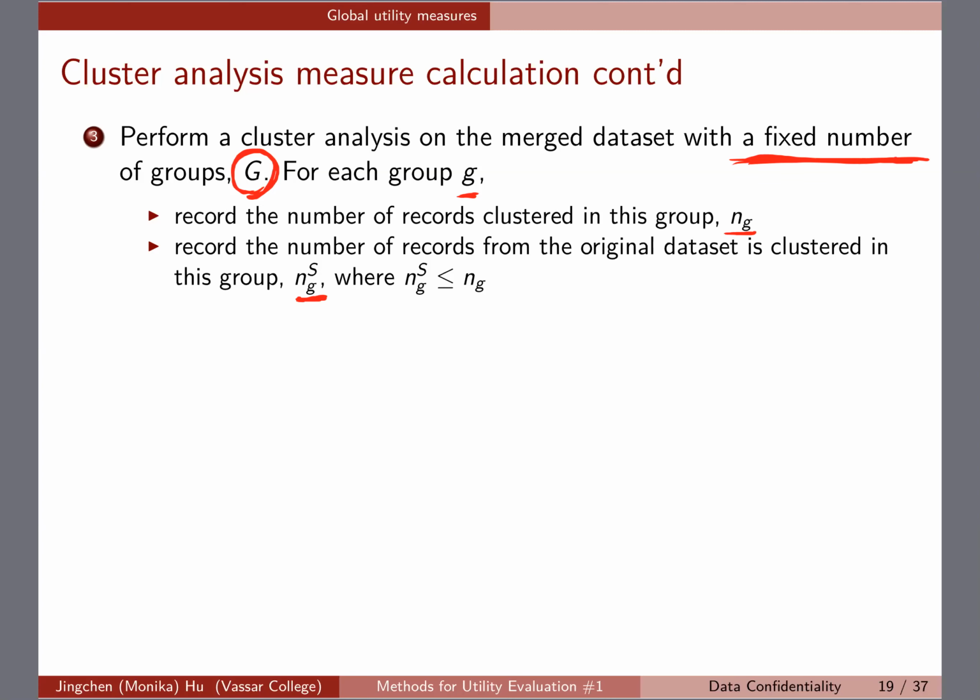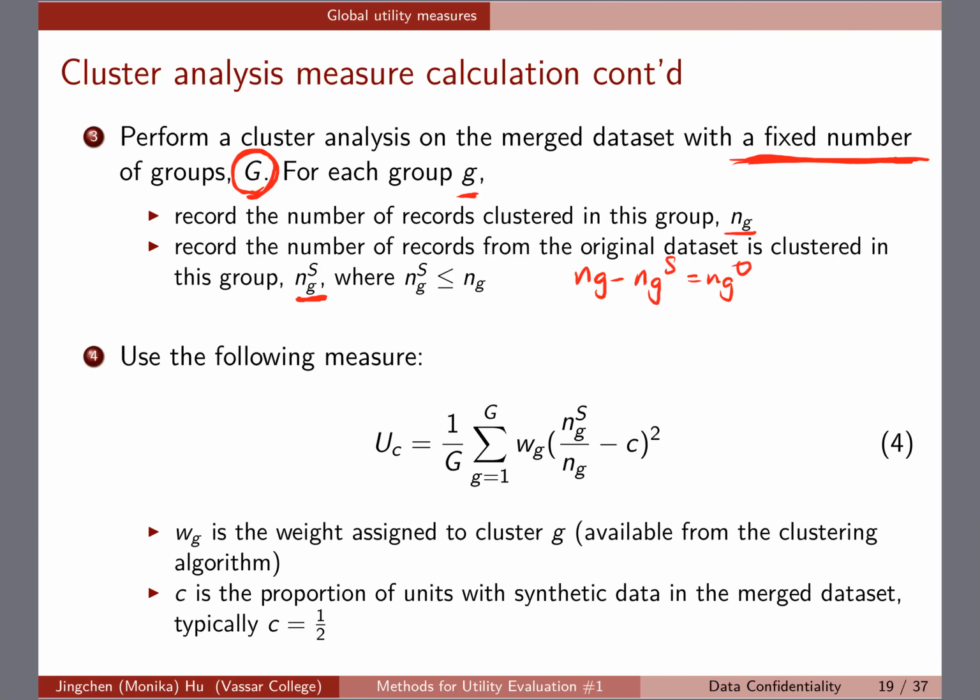We never defined NGO, the number of original records in that group, but that's just NG minus NGS equals NGO. We only need one of these in order to compute the final measure.